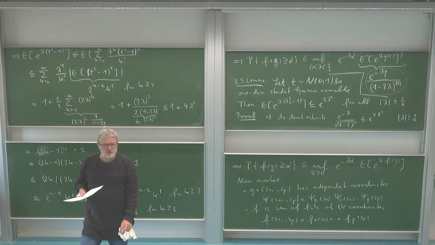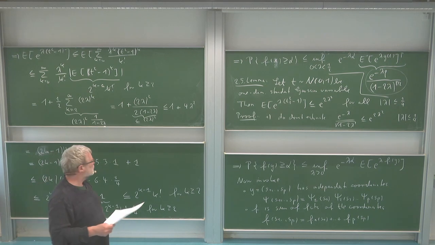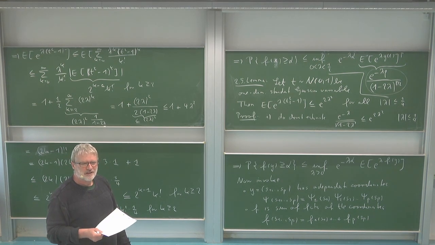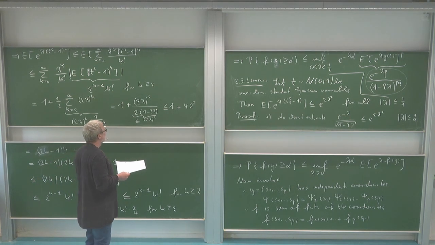Is this correct? Do you agree? I mean, I have here 2 lambda squared instead of 4 lambda squared. But now I don't see why I should have a 2 there.